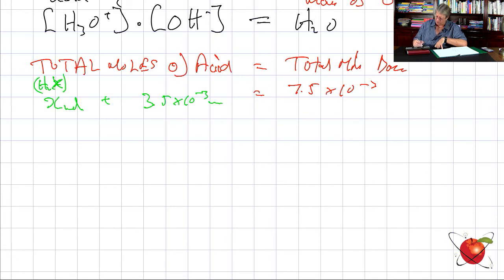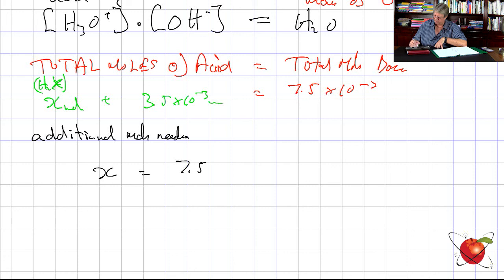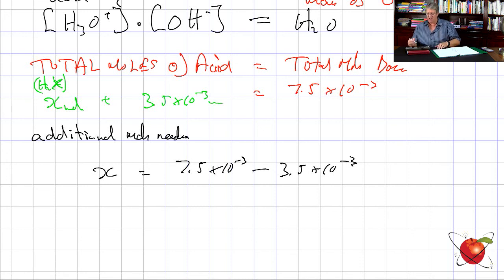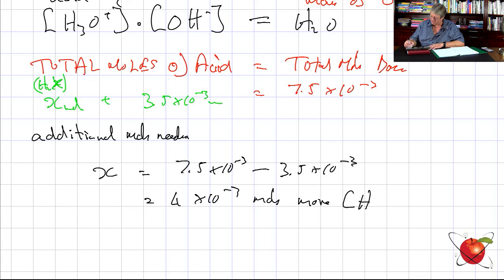Therefore, the additional moles needed, X, is going to be 7.5 × 10^-3 minus 3.5 × 10^-3. That comes out to be 4 × 10^-3 moles more of the H3O+ needed.